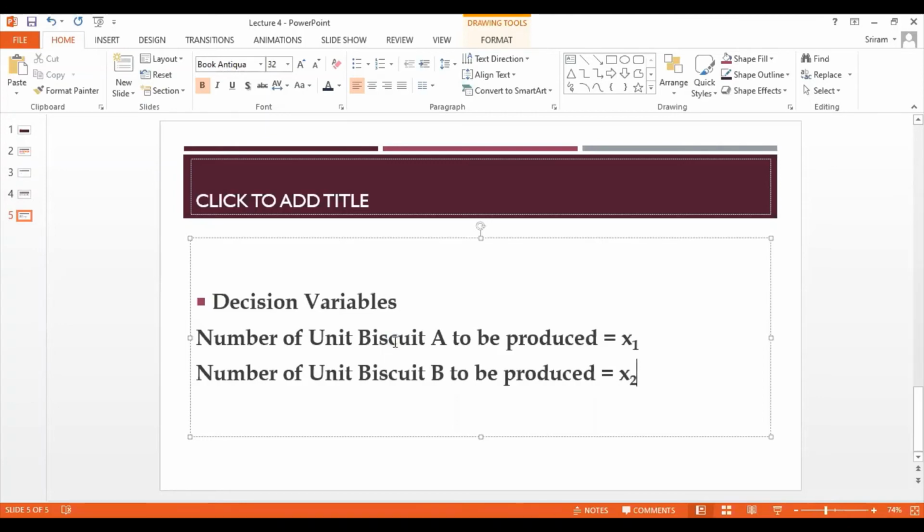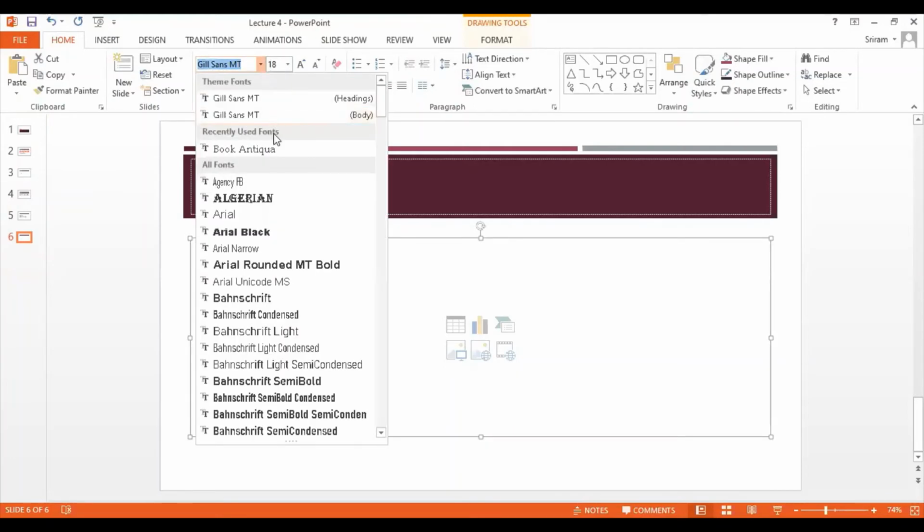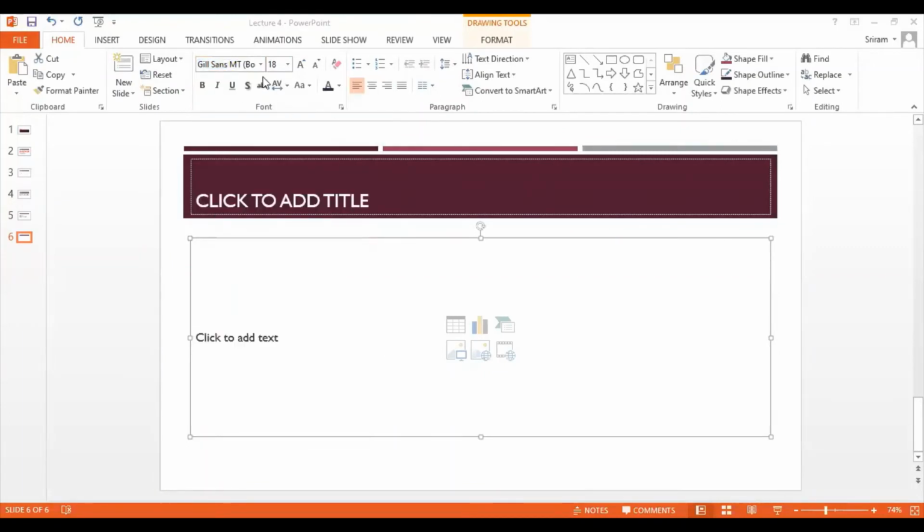Now using this, I am going to make the constraints. For constraints, we said we are going to take the resources.